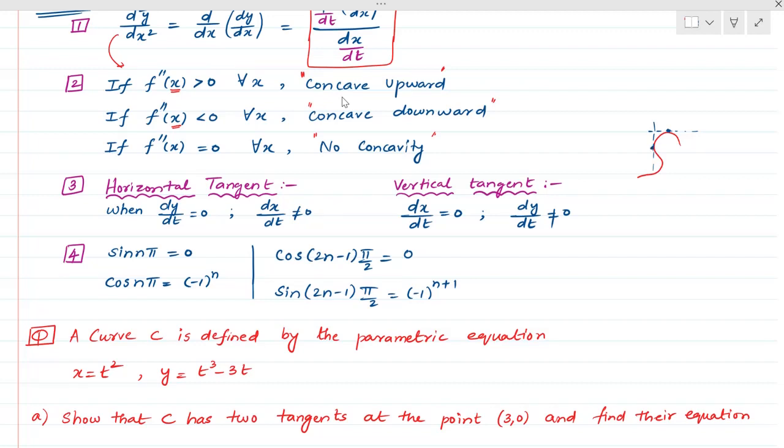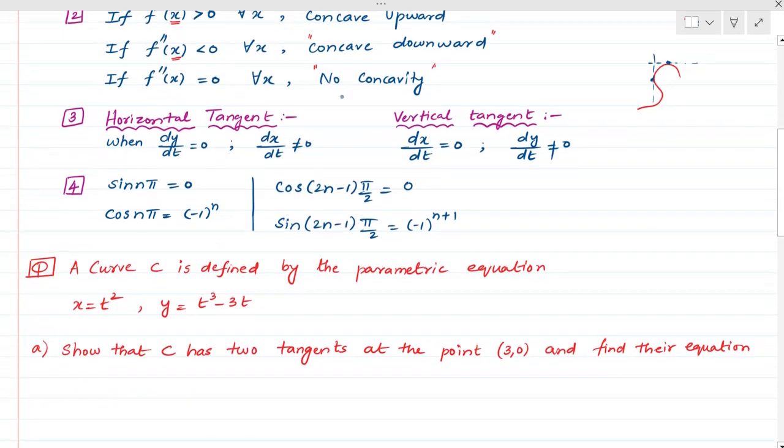How will you find these types of tangents? By substituting dy over dt equals 0 and dx over dt is not equal to 0. Similarly, for the vertical tangent, dx over dt is equal to 0 and dy over dt is not equal to 0.